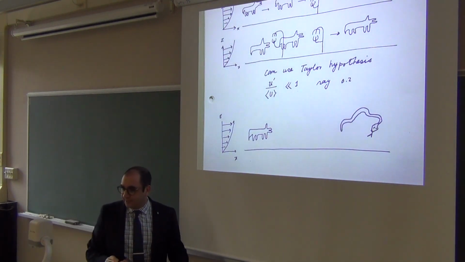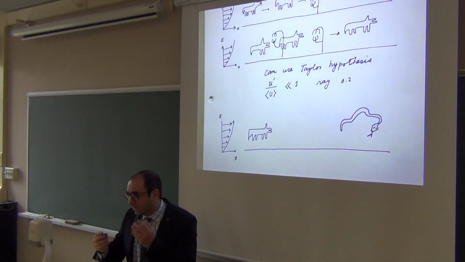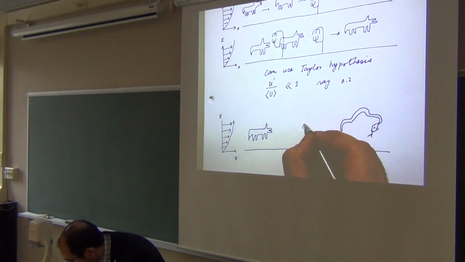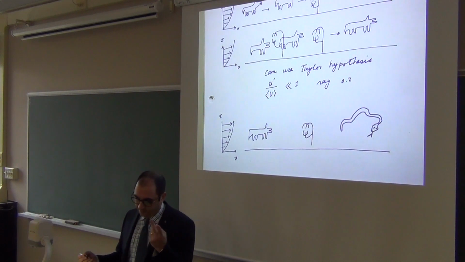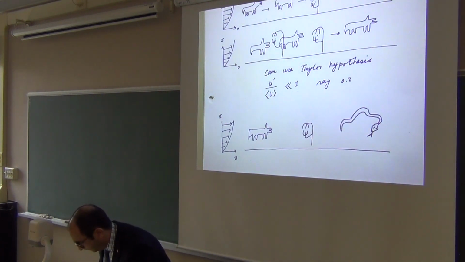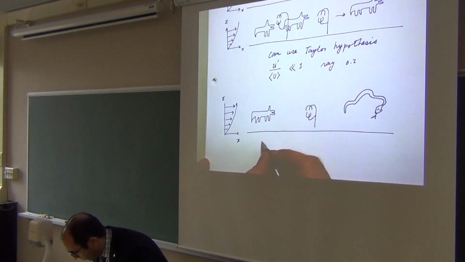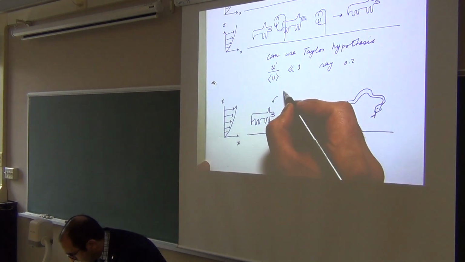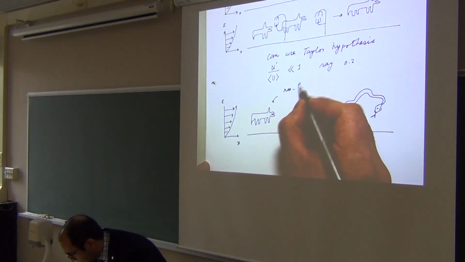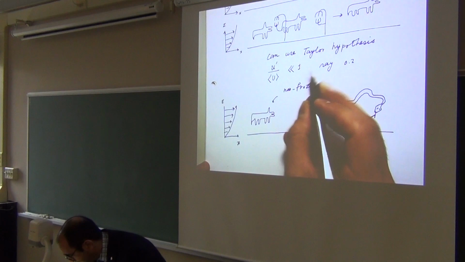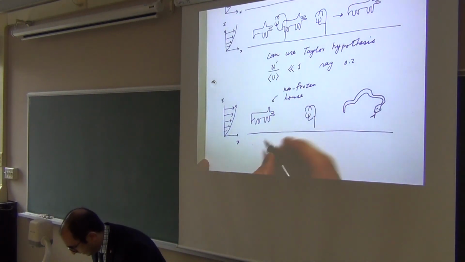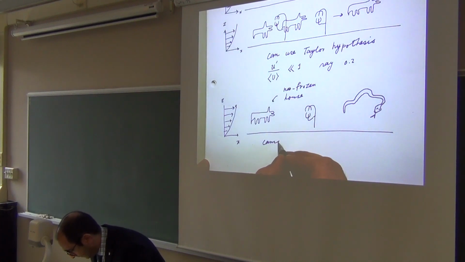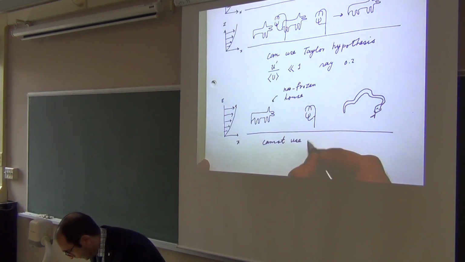A lot of flows do that. The eddies are not frozen, they significantly change in shape. Then I cannot use the Taylor hypothesis, because now I need 2 sensors. Right? So in this case, non-frozen horse. Frozen horse, if that's the case, then I cannot use the Taylor hypothesis.